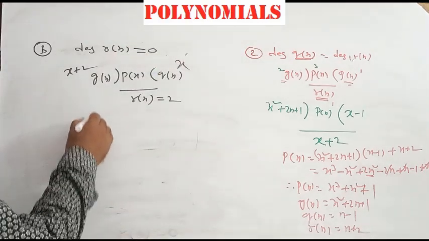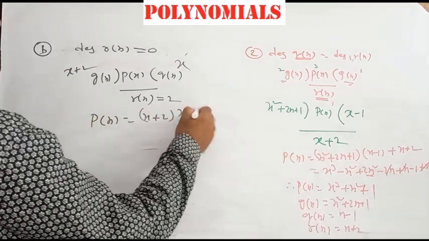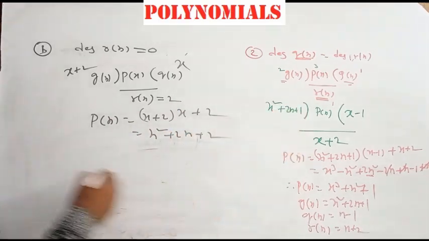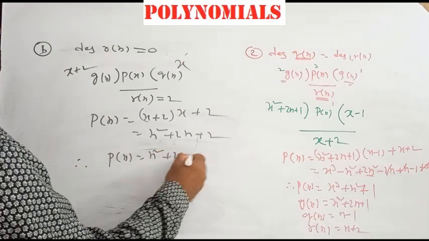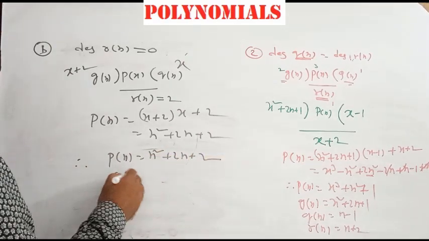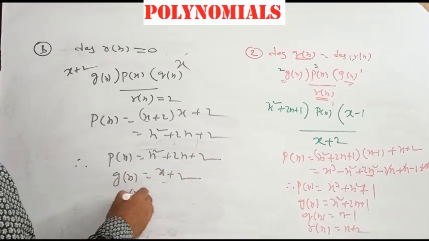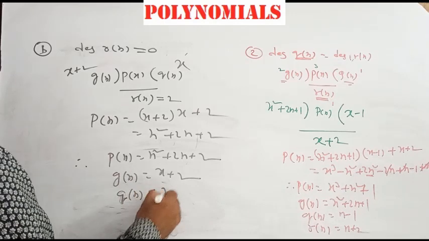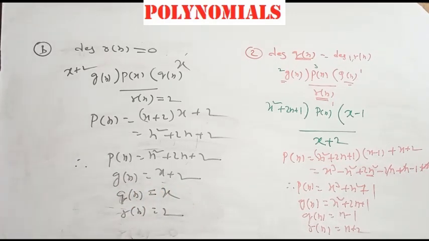Then p of x is nothing but x plus 2 into x plus 2, that is x square plus 2x plus 2. Therefore p of x is equal to x square plus 2x plus 2, g of x is x plus 2, q of x is x and r of x is equal to 2. So in this way you can give several examples.